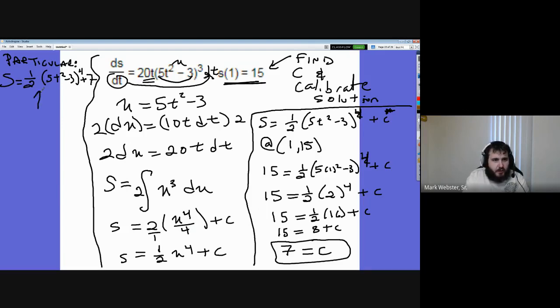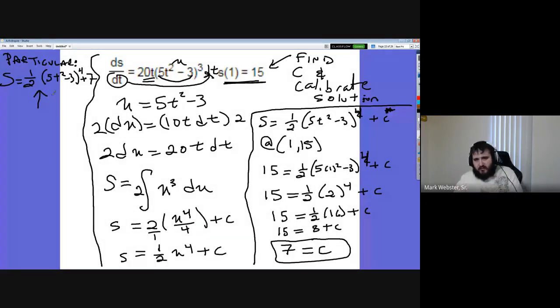So this right here is our completed problem. So once again, with the information that we're given, we did our u substitution, found the general solution, then we calibrated it, found c to get our particular solution. All right, let's continue. Let's do a bunch more of these.